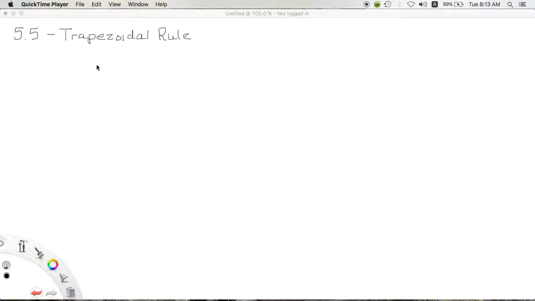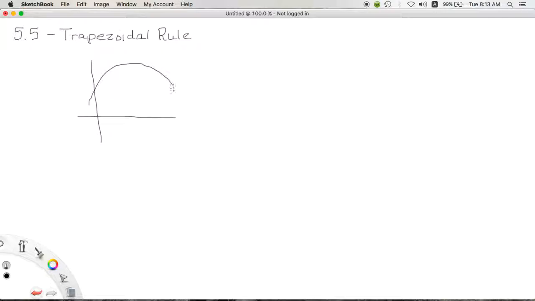Now, if you have a curve, let's say we have a curve like this. If we use rectangles, you notice that we have a lot of space where it's either leaving some out or we have too much.